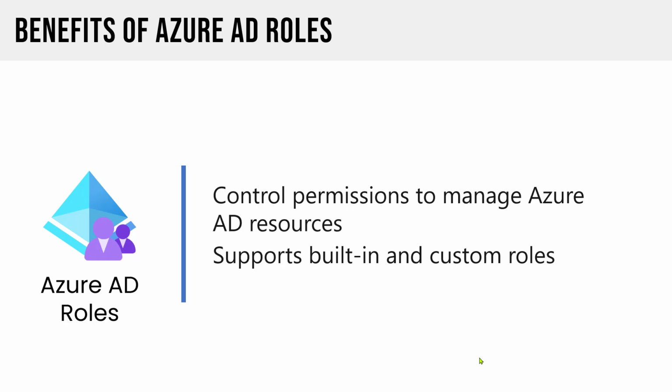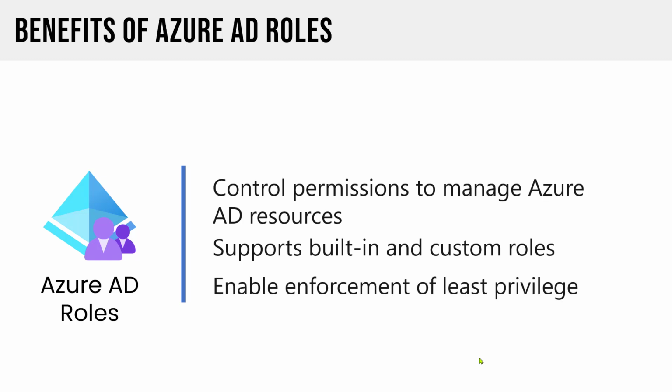Many services within Azure have specific roles that support delegation of administration for a specific service, such as Azure Key Vault, for example. But at the same time, we have global Azure AD roles, such as global contributor, global reader, that will allow for granting a permission perhaps throughout an entire subscription.